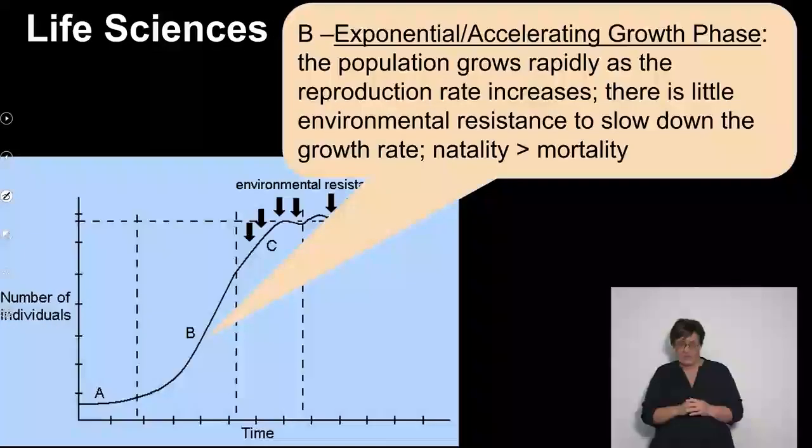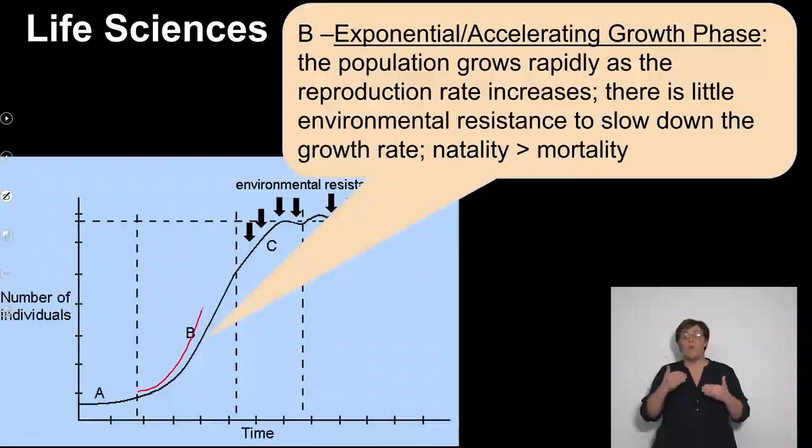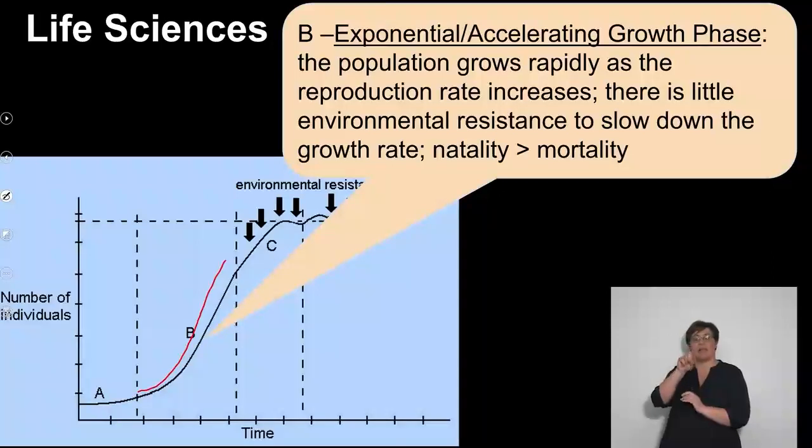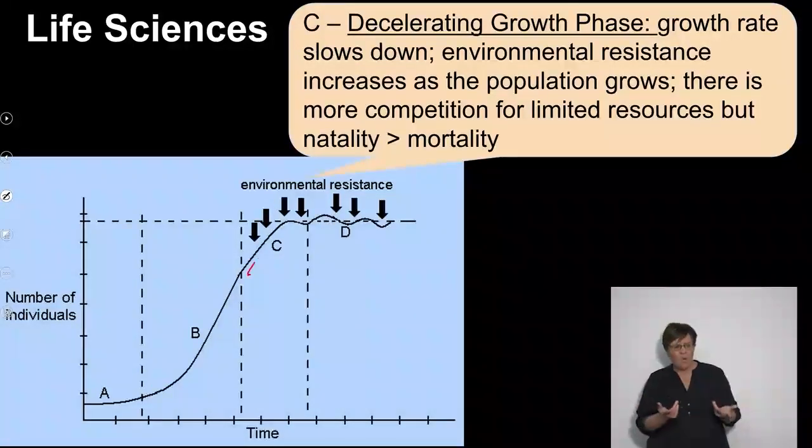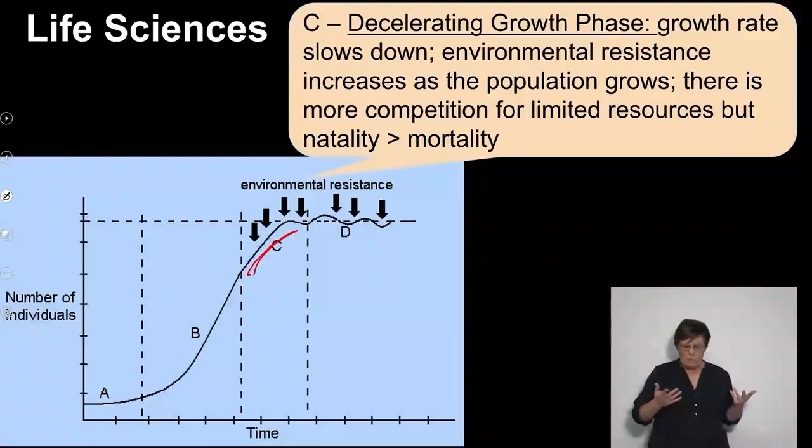So we're seeing eventually, once they're used to the area, this exponential period of growth where there's little to stop our growth of the population. Natality, or the birth rate, is greater than the death rate. But then things start to slow down and we enter the decelerating phase.